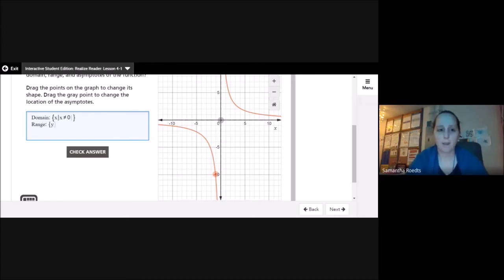Range is y, where y not equal 0. Asymptotes are x equals 0 and y equals 0.